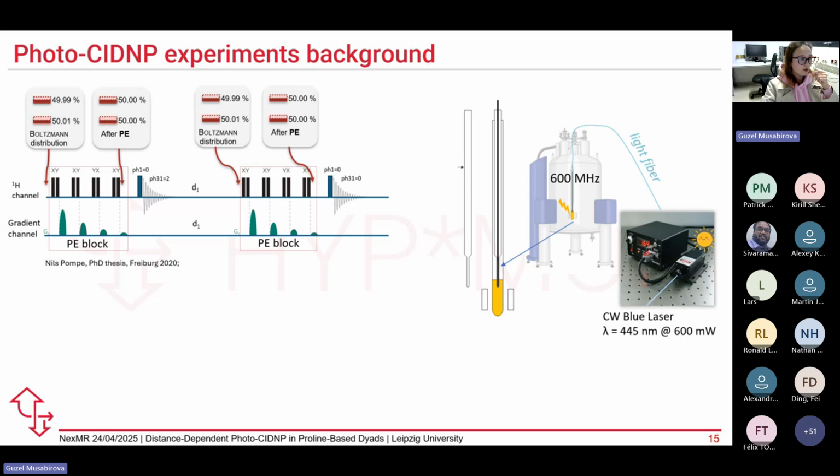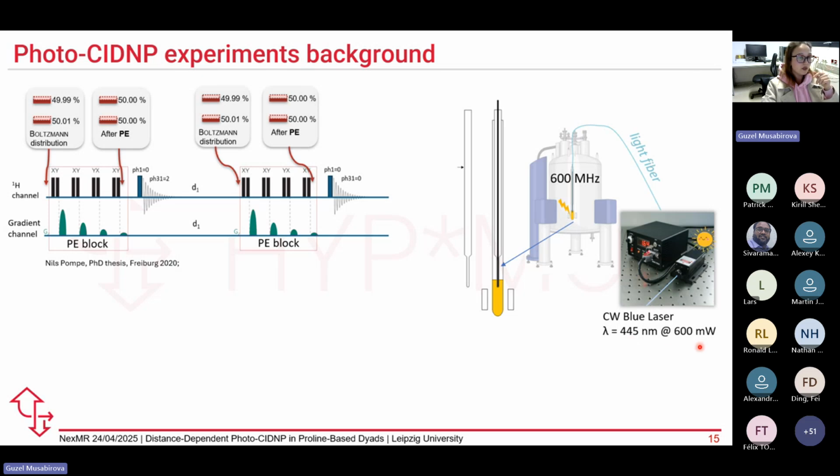And as Lars already told about how the liquid state CIDNP effect can be measured, we use the same setup and a CW blue laser, which operates at 445 nanometers to excite flavin with power of about 600 milliwatts.